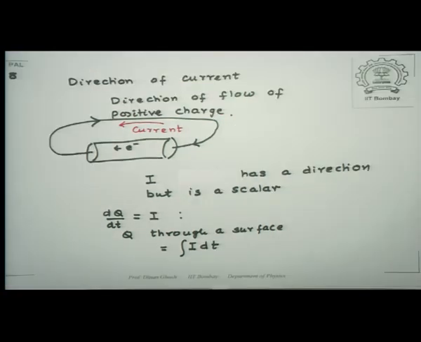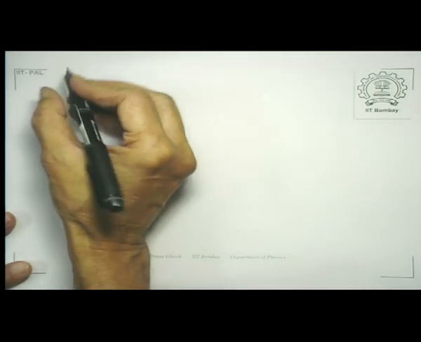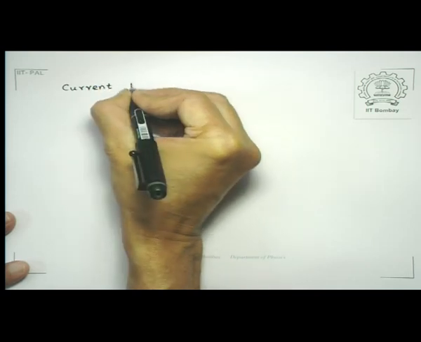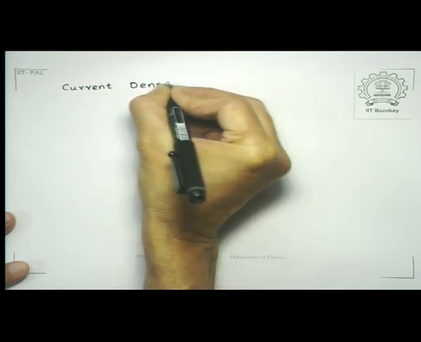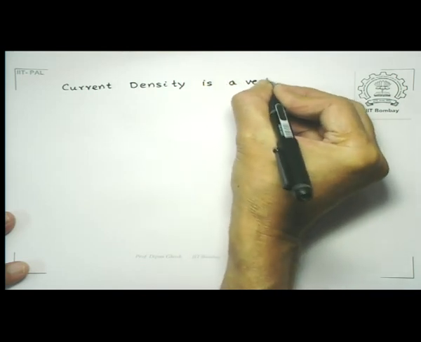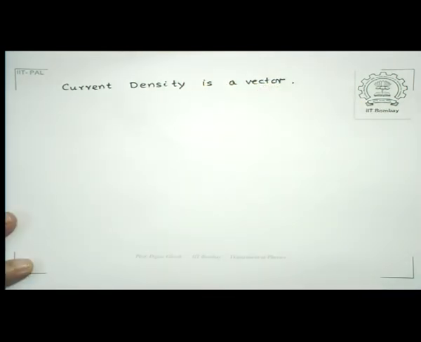So we have made a statement that current is not a vector, and we have talked about its unit. So we define a quantity which is related to current but turns out to be a vector. So the current density J is a vector, though current is not a vector. So let me explain how it works.